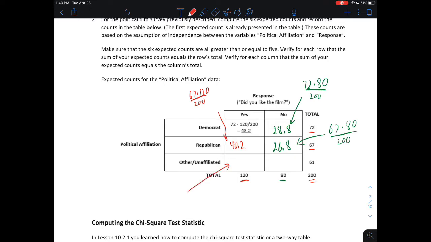So now for the last row, other unaffiliated, I take the row total 61. And since I'm in the yes column, then I have to multiply by 120 and then divide by the grand total, which is 200. So 61 times 120 divided by 200. You get 36.6.